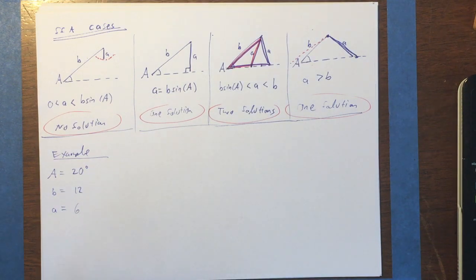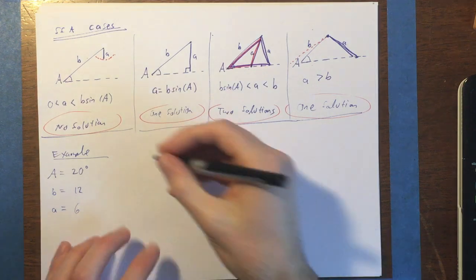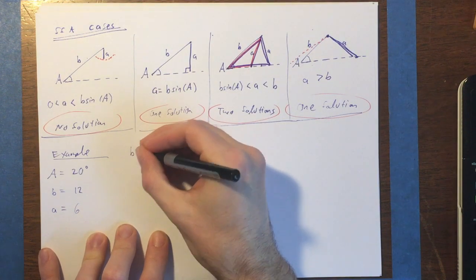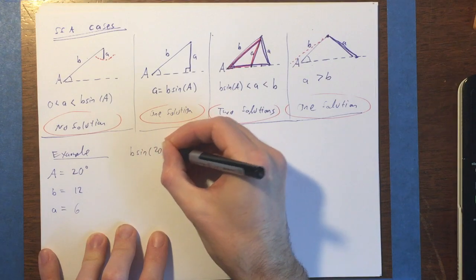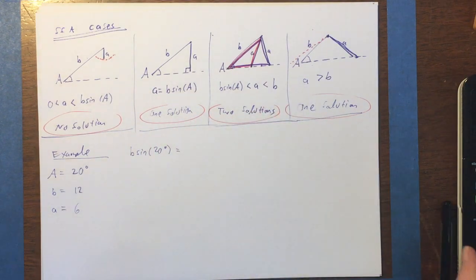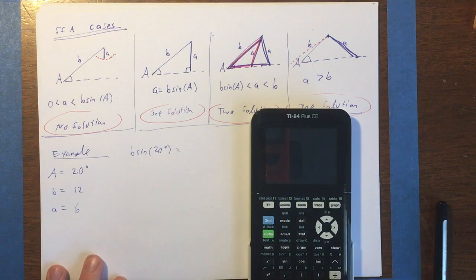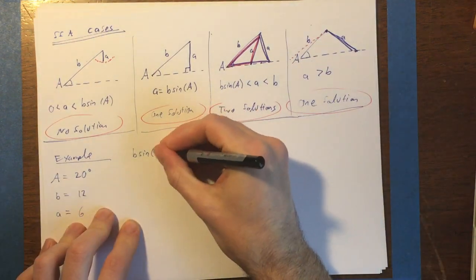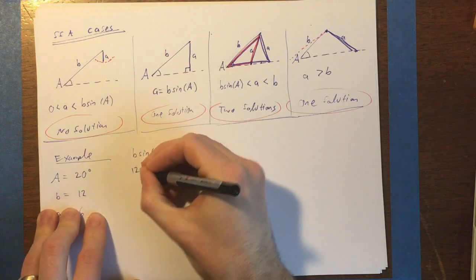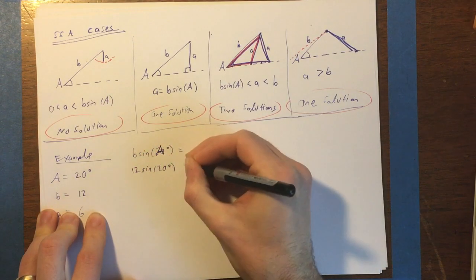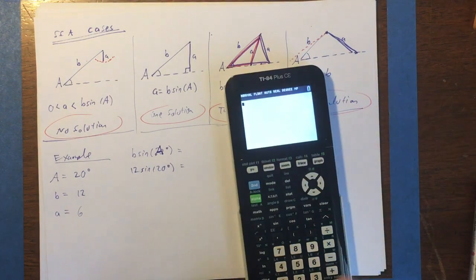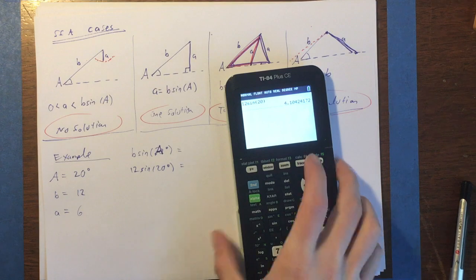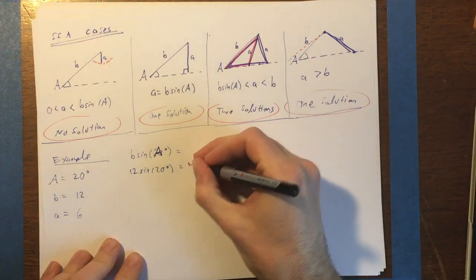So first thing I'm going to do is calculate what is B times sine of 20 degrees. B times sine of A, which in this case is 12 times sine of 20 degrees, which is 4.1. Okay, so it's 4.1.